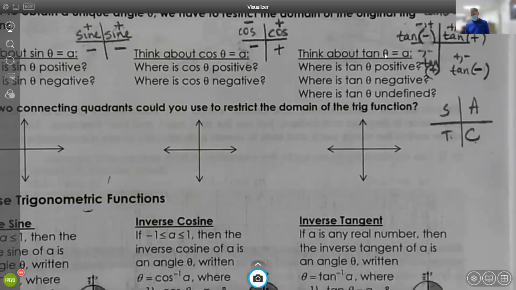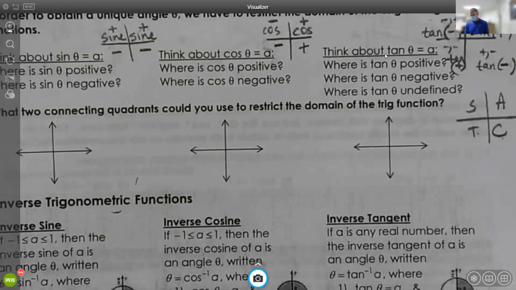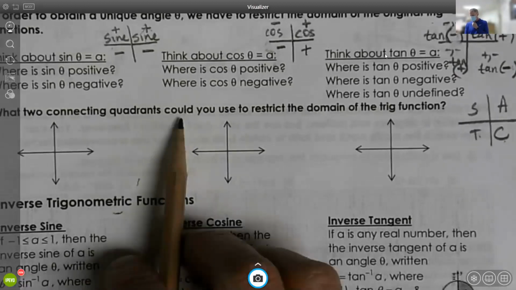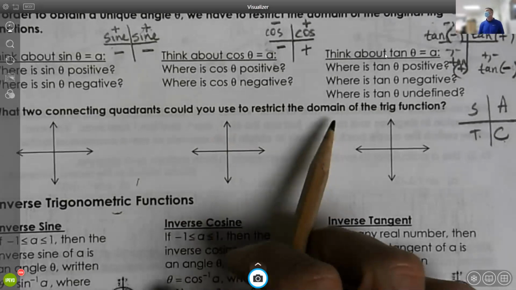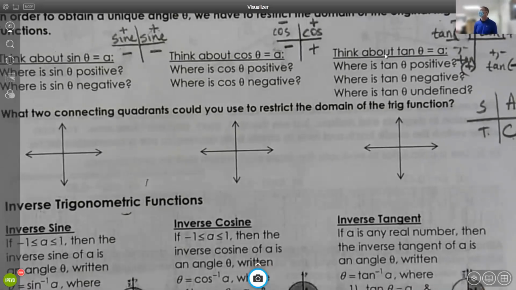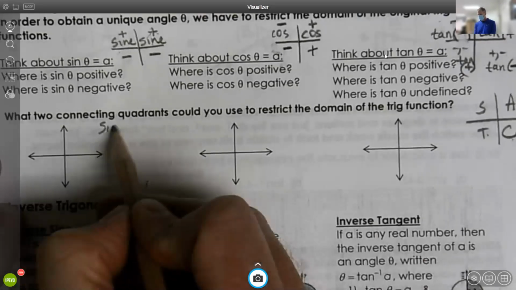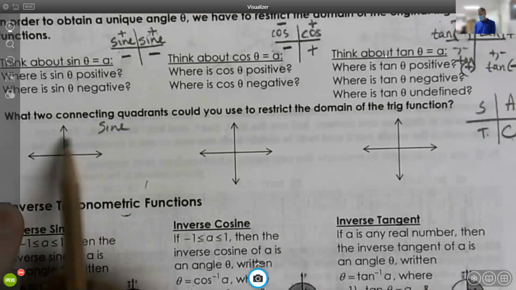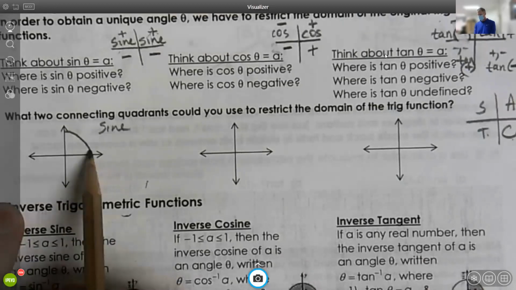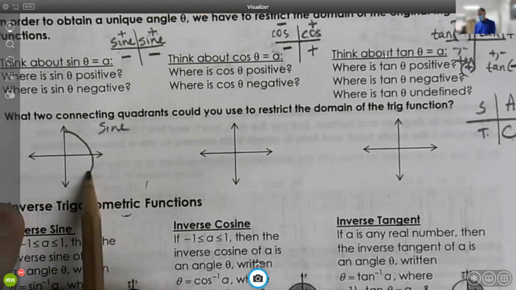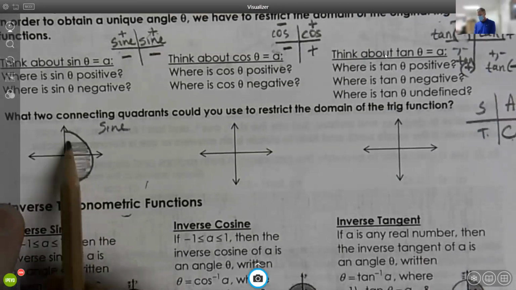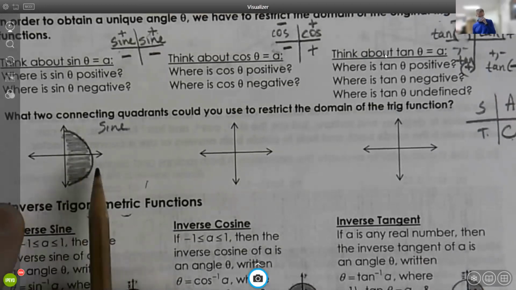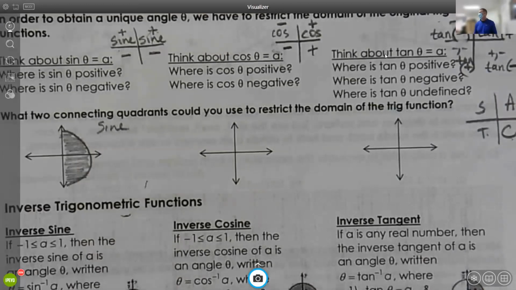So if we're going to connect some quadrants, we could use to restrict the domain of each trig function. What we're trying to identify is, where do we have a positive and a negative? So for sine, we have a positive in the first quadrant, and we have a negative in the fourth quadrant.